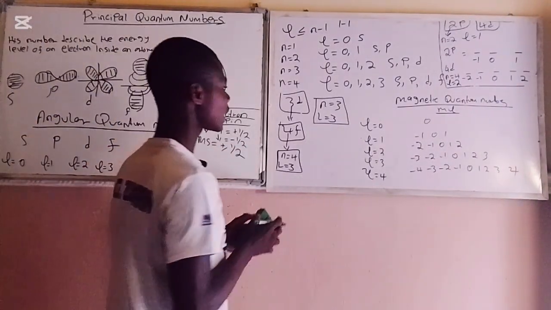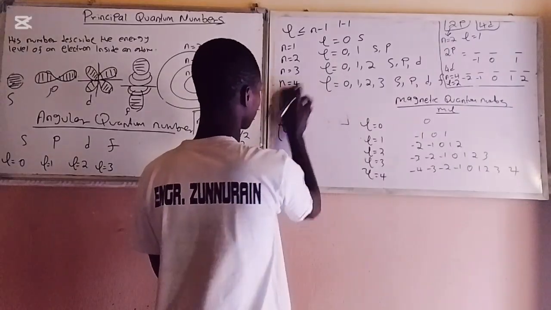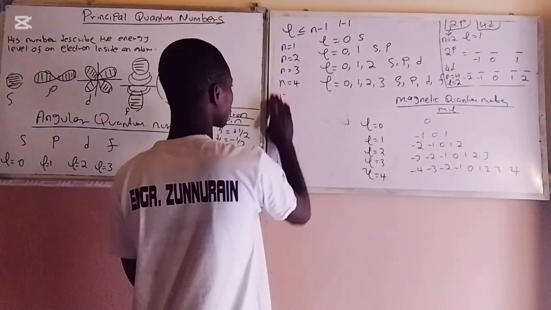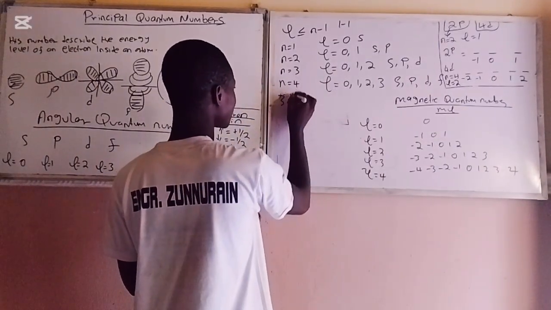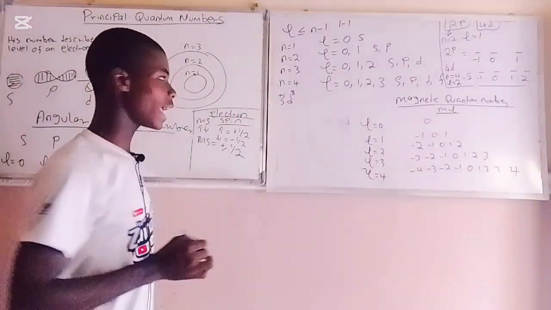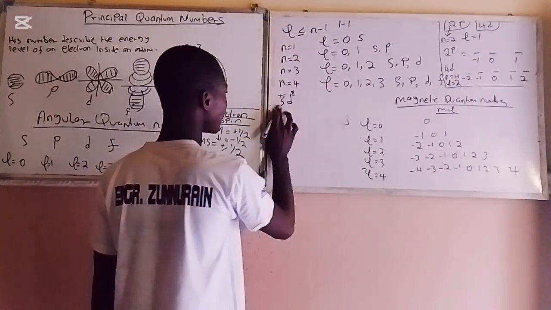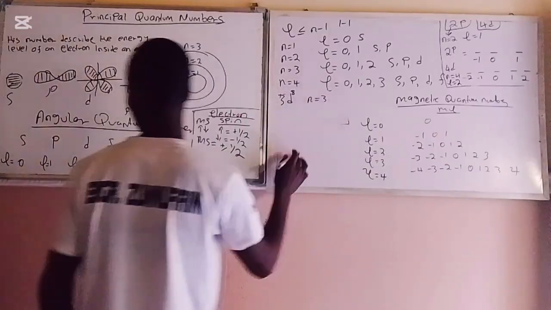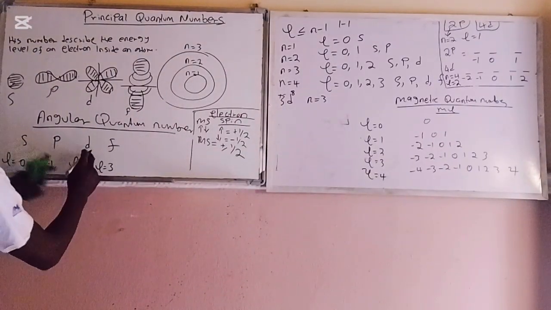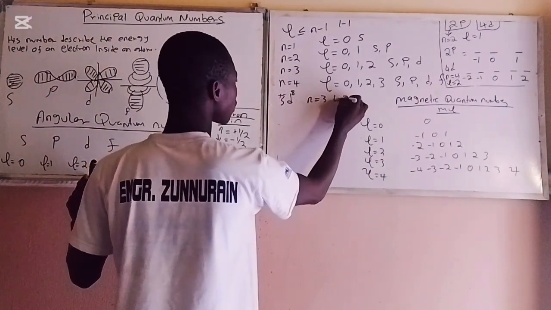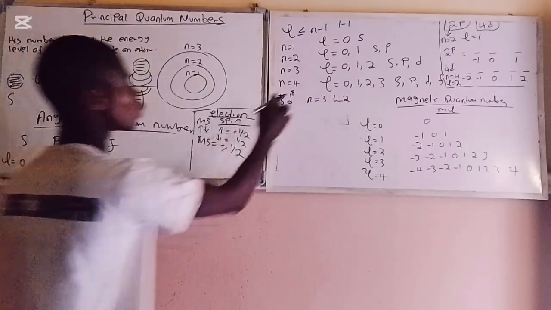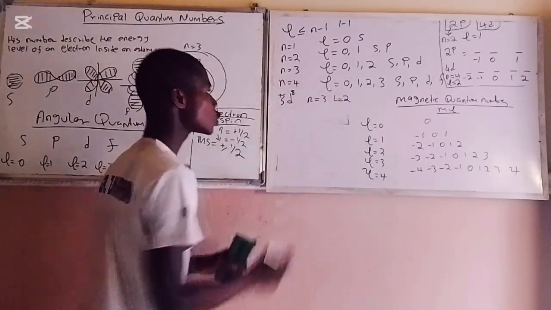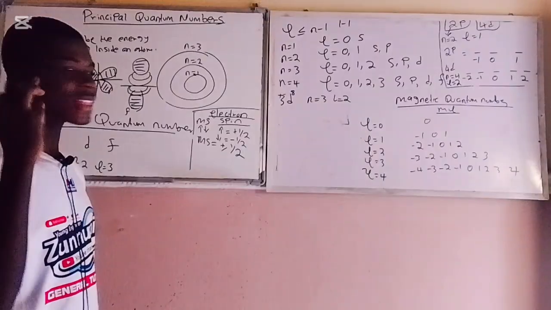So first I am giving 3d8, 3d raised to the power of 8. So you all know that n here is equal to 3 and d, which is l, is equal to 2. And therefore you have raised to the power of 8. So in this, we are going to apply 3 things.